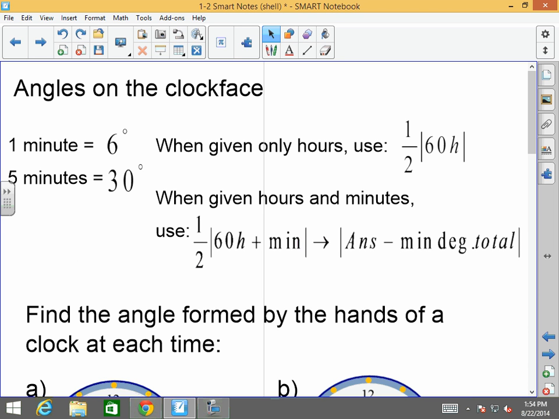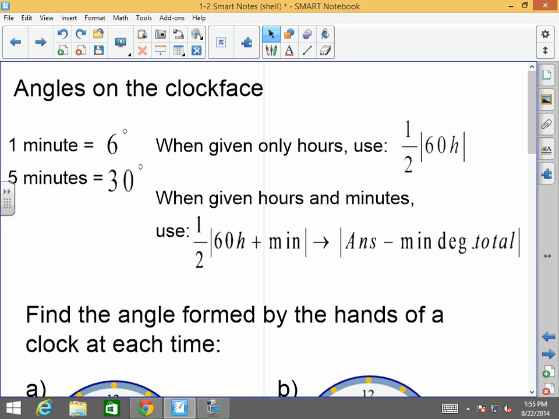Once you find that answer, you put it back into an absolute value, and it's the answer that you found minus the minute degree total. So go ahead and write that down, please. It's 1/2 of 60 times the hour, whether it be 2 o'clock or 3 o'clock or 4, plus the minute value. That answer you put into absolute value, and you subtract it from the minute degree total.